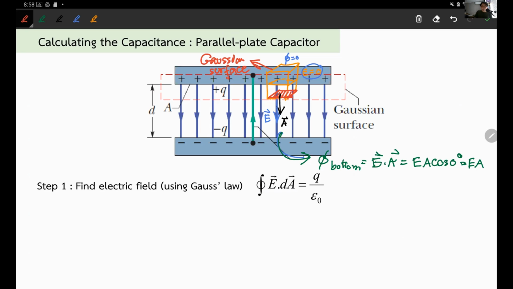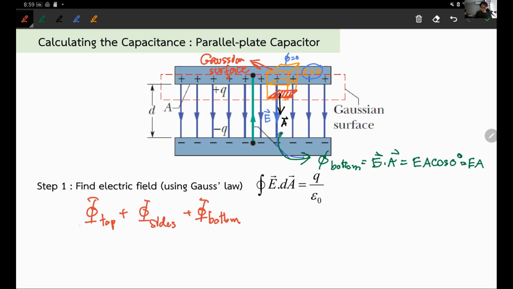You drew a Gaussian surface in the shape of a box with 6 surfaces. The flux on the top plus the flux through the sides plus the flux through the bottom will be the total flux through this box.